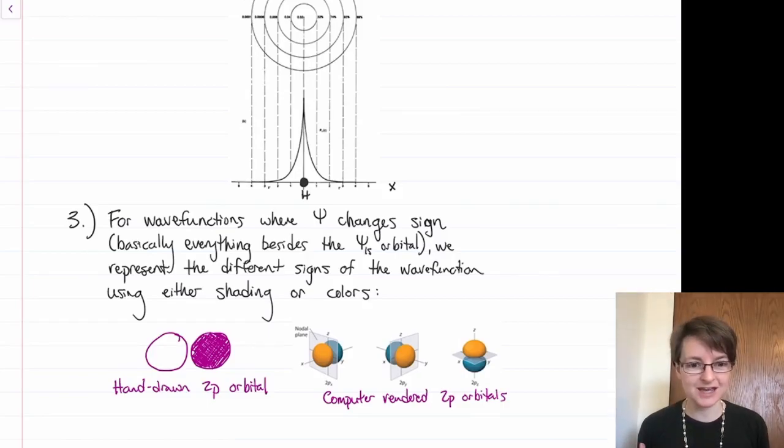But you'll see later today that when we start combining wave functions, it's important to know their sign so that we can assess whether those wave functions are going to get even more positive by adding positive plus positive or cancel each other out by having positive plus negative. If you're drawing these or computer rendering orbitals, frequently folks will use two different colors to represent the same idea. So shading or colors can both be used to represent the different signs of the wave function.